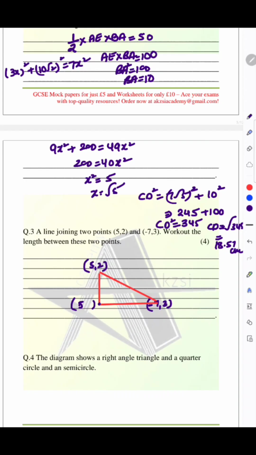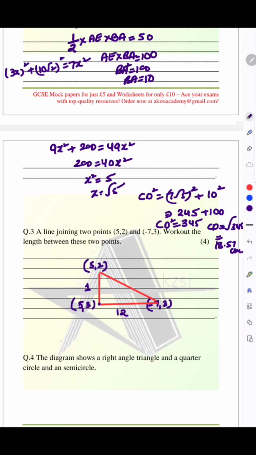We got our coordinate. Now because this is a right angle triangle, you are moving only in the horizontal direction. Nothing is changing apart from it. So how much have you moved? It's from -7 to 5. Obviously I told you I haven't drawn it as per the graph. So the distance between -7 and 5 is 12 units. And moving vertically, from 2 to 3, it will be 1 unit.